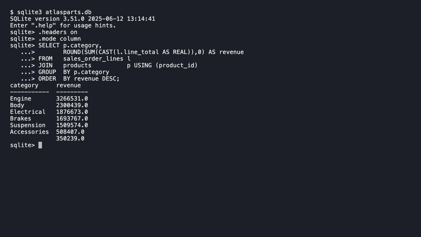Same total, $11.5 million, now split correctly across categories. The categories are right, the numbers are right, and the query is shorter than the buggy one.